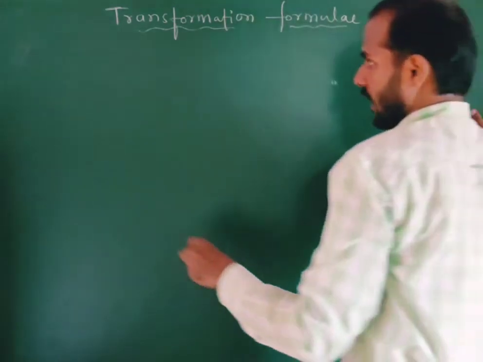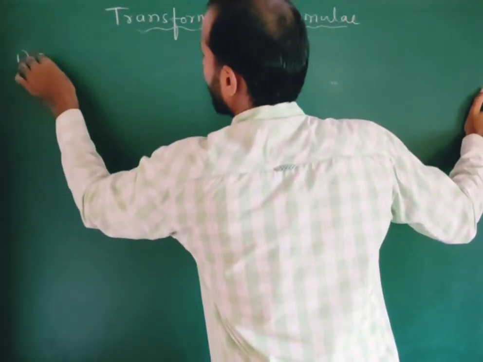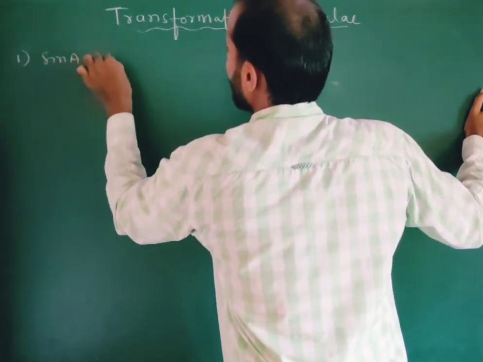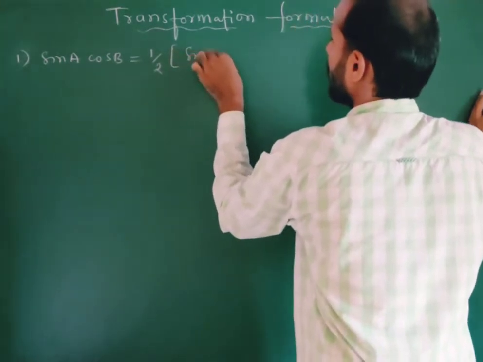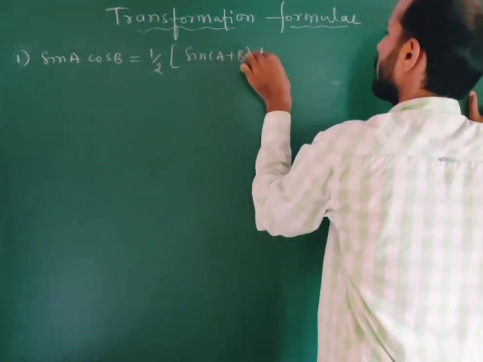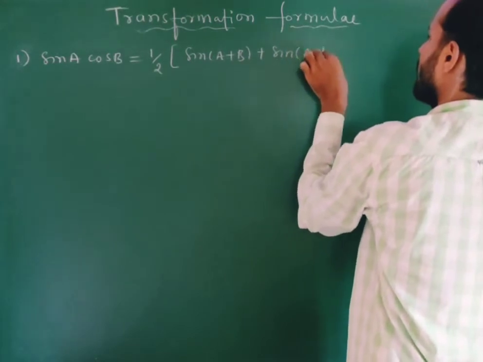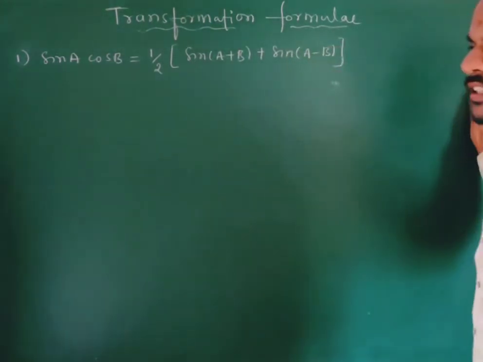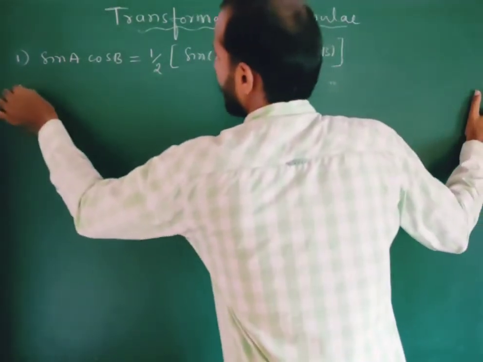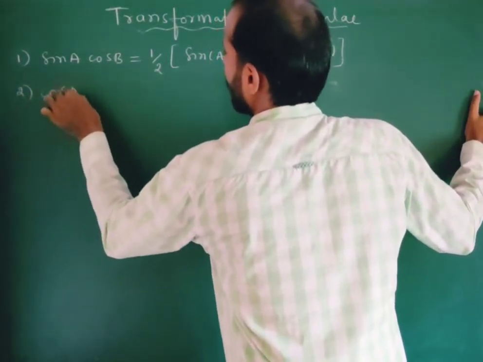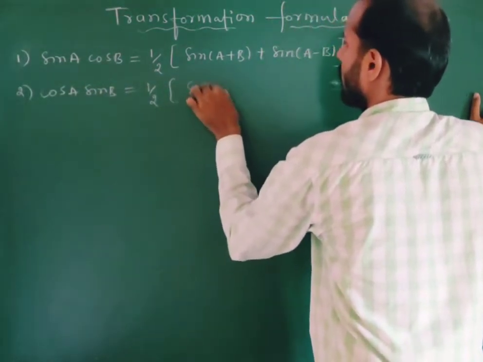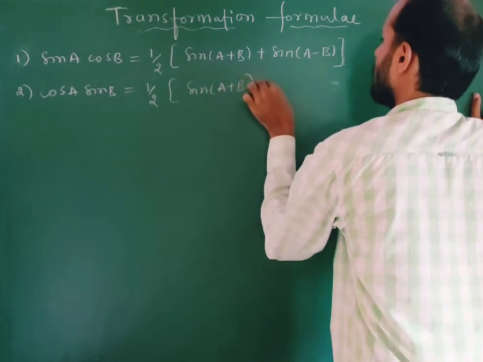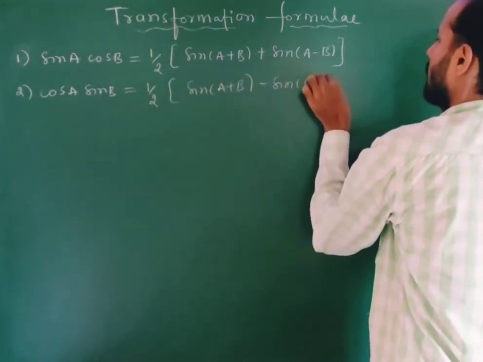What we get? The first one, sin A cos B, equals 1 by 2 [sin(A plus B) plus sin(A minus B)], right? Next, second one, cos A sin B, equals 1 by 2 [sin(A plus B) minus sin(A minus B)].